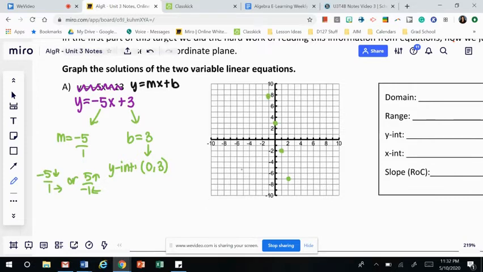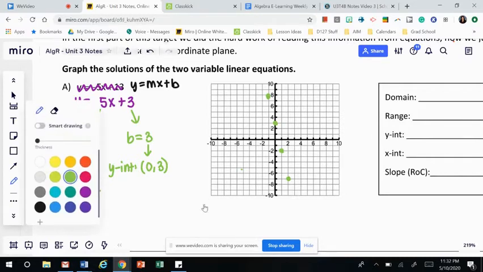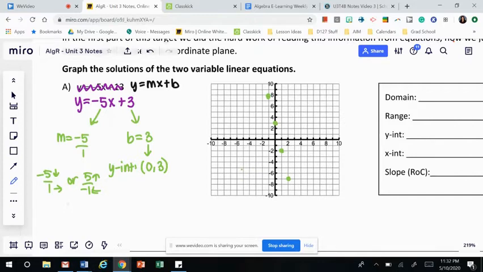You can see that my points are on a constant slope, and I can connect those points to form a line. Now the green points don't just represent the only solutions of the equation. There are an infinite amount of solutions on a line, and every single point on the line represents a solution.